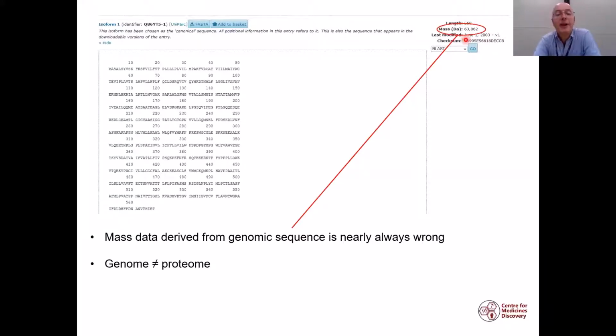However, that mass is derived directly from the genomic sequence for SLC13, and that mass is nearly always wrong. I almost wonder why they bother putting it there, because it is virtually no use. The reason is that the genome is not the same as the proteome.